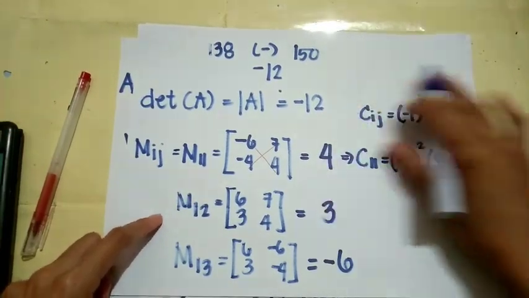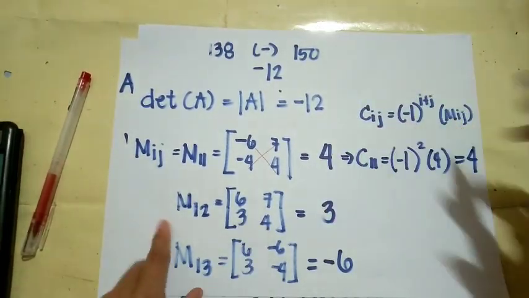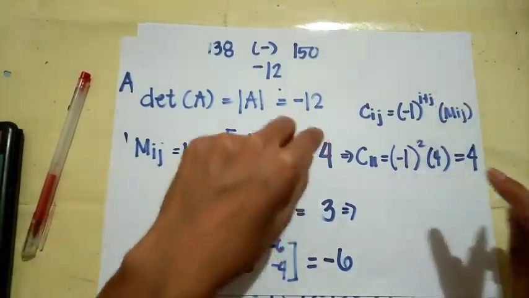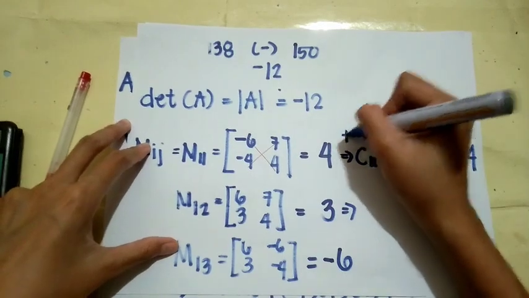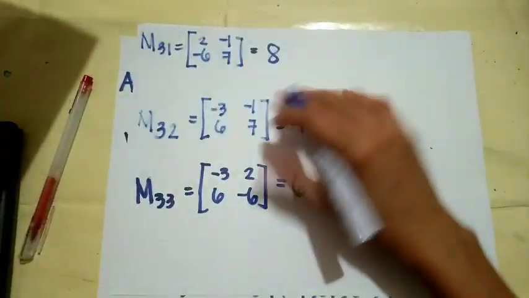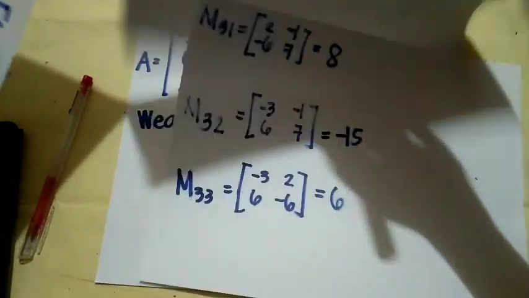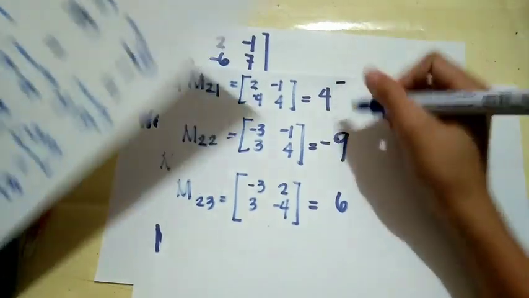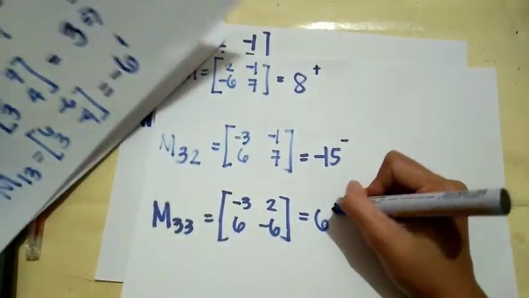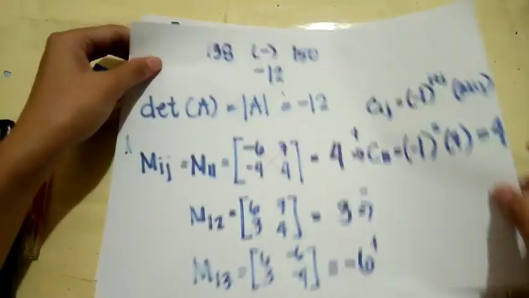Following this, the signs are positive, negative, positive, then negative, positive, negative, then positive, negative, positive.